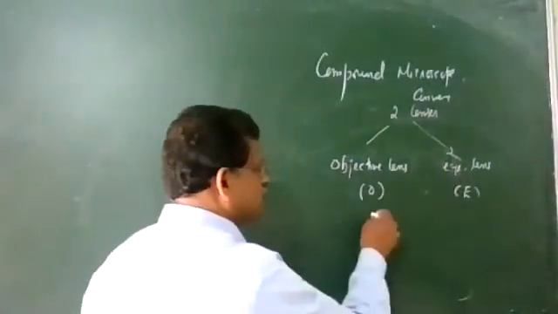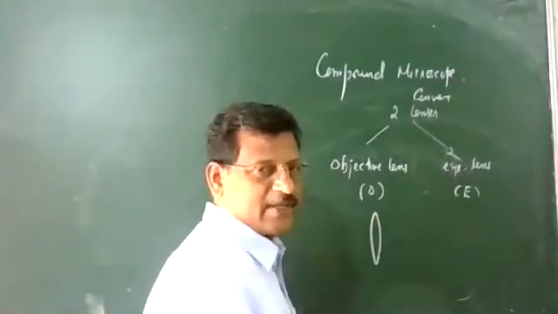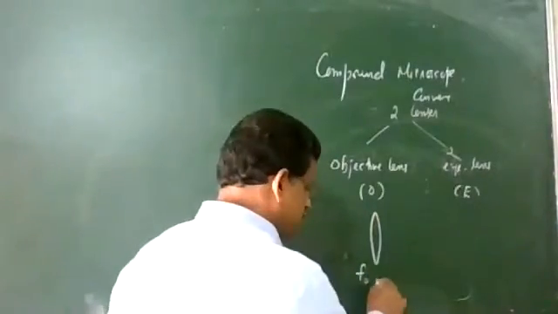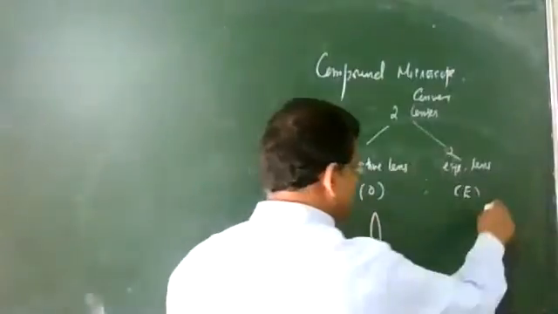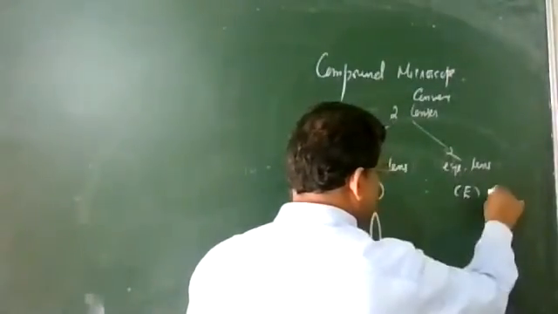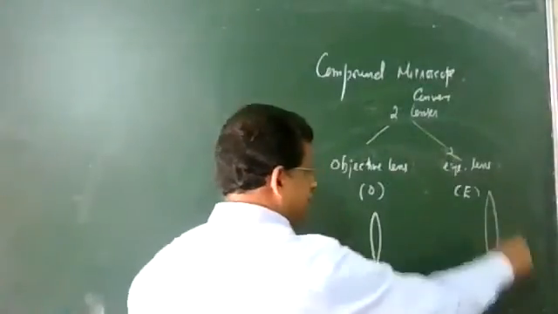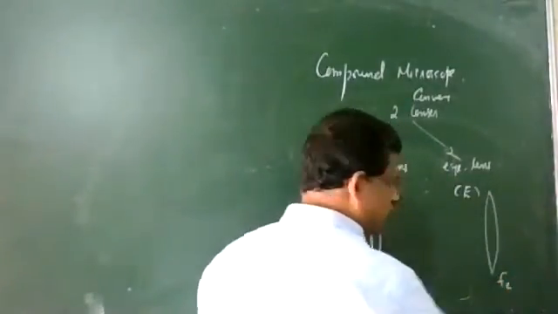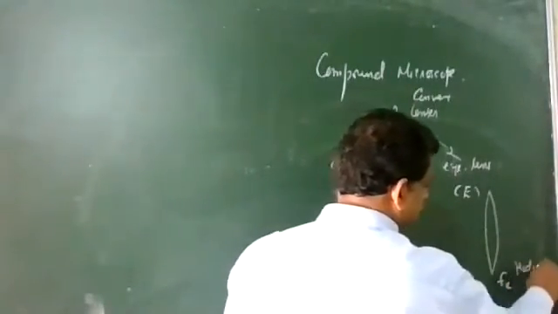For the objective lens, the focal length f0 should be very small and the aperture very small. The eyepiece has a moderate size, with an aperture a little bigger than that of the objective, and the focal length fe of the eye lens is a moderate value, not very large.